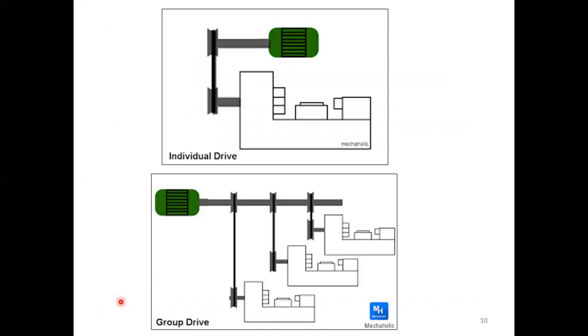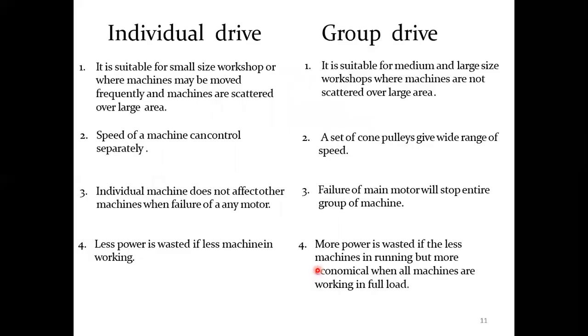So this is the example for individual drive and group drive motors. Here one motor is connected to one machine, that is the individual drive. Here a common shaft is connected with the remaining motors or drives. Now the difference between individual drive and group drive. Individual drive is suitable for small size workshops where machines may be moved frequently and are scattered over a large area.